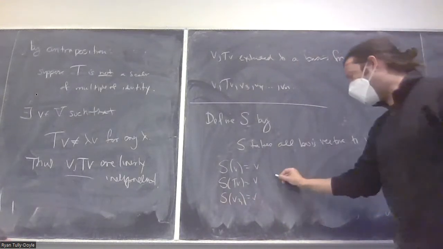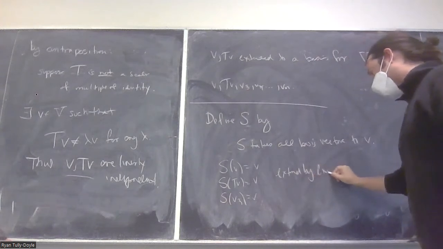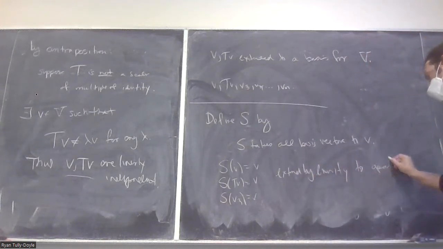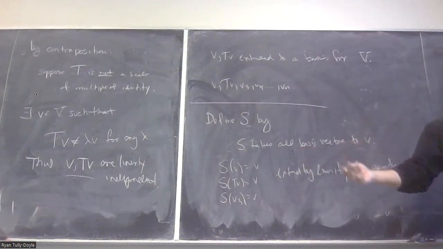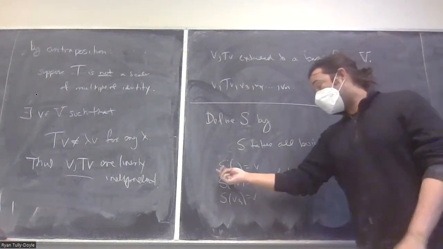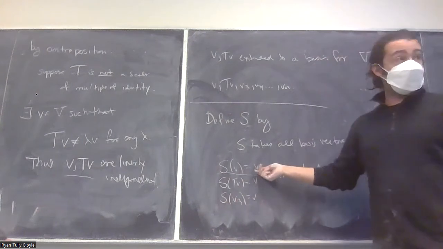When you extend by linearity to an operator on all of V, we've used that idea before about defining the function on the basis and then showing what it does all over the place. And then the final observation here is this function that eats all the basis vectors and sticks V out every single time.